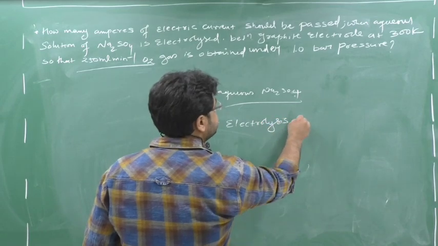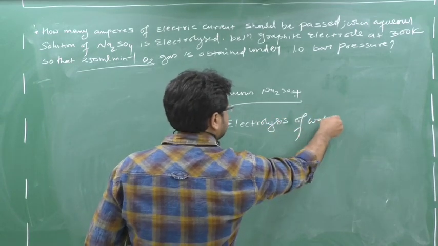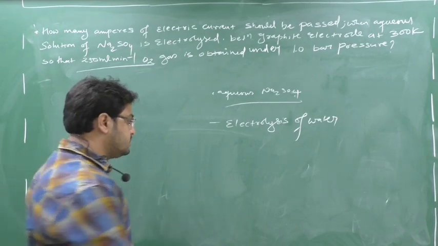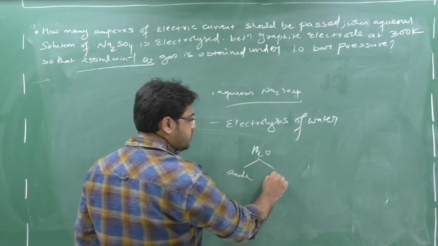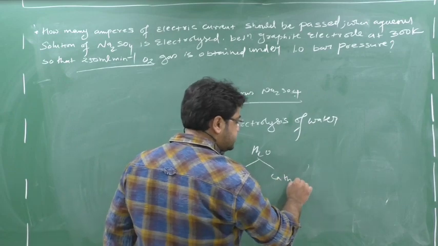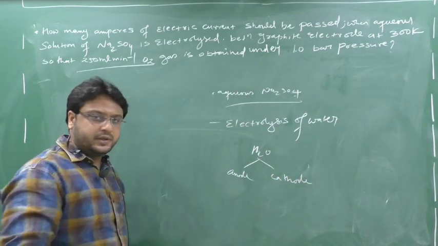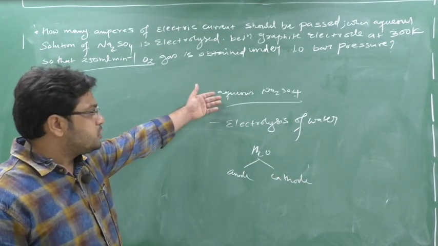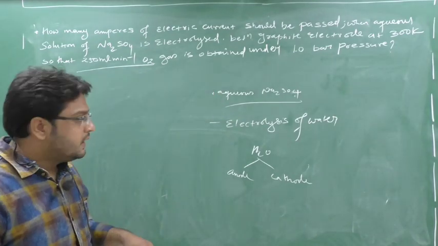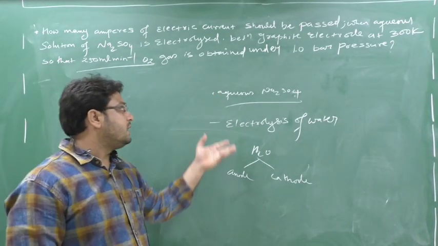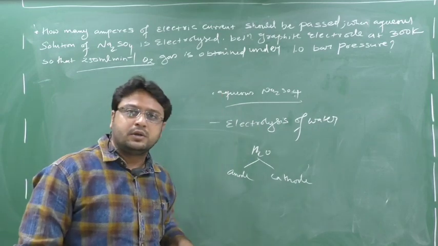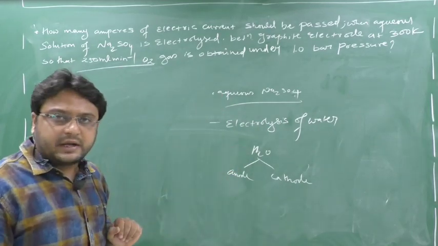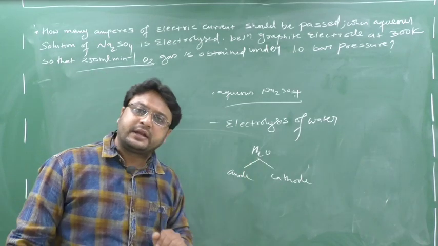So water is coming at the anode, and water is coming at the cathode. Just before this question I have done this. Aqueous solution of Na2SO4 is given; we know its electrolysis is actually electrolysis of water. Means water is reacting at the anode and at the cathode.